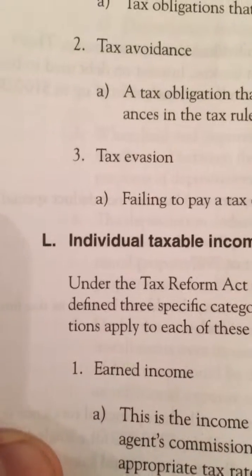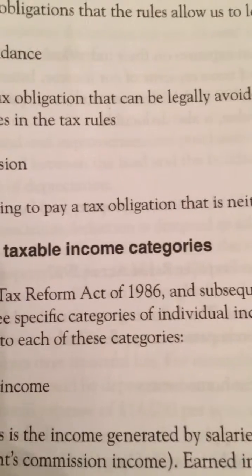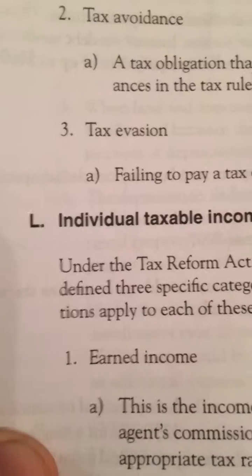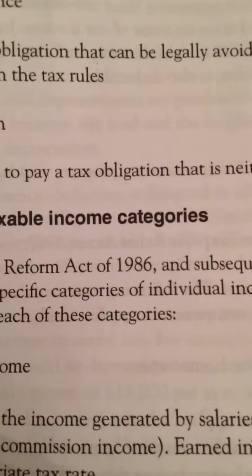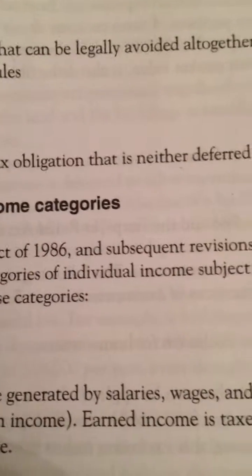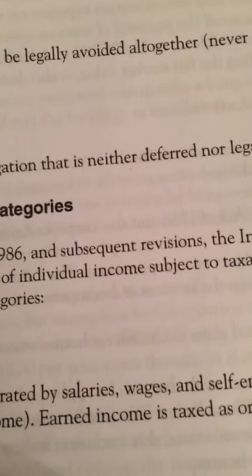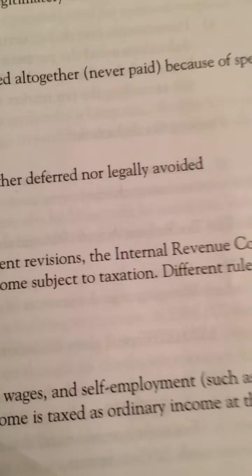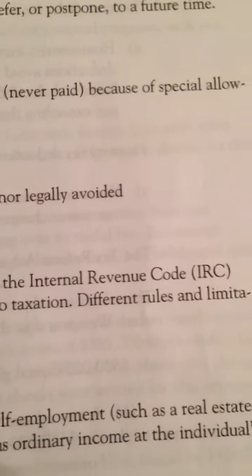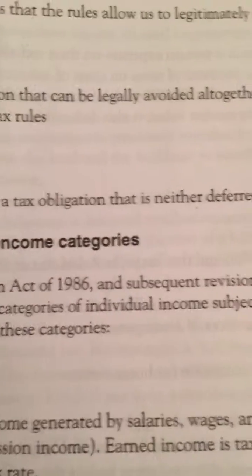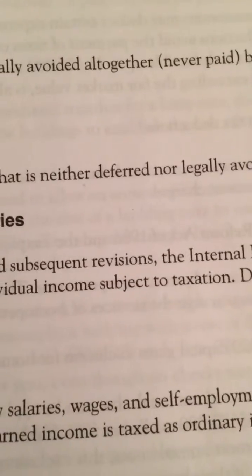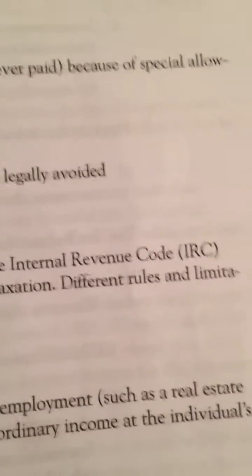L. Individual taxable income categories. Under the Tax Reform Act of 1986 and subsequent revisions, the Internal Revenue Code, IRC, defined 3 specific categories of individual income subject to taxation.